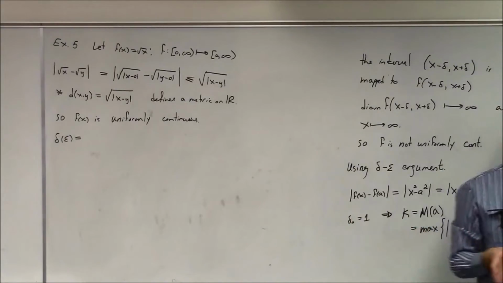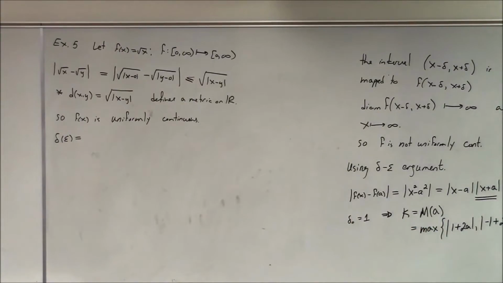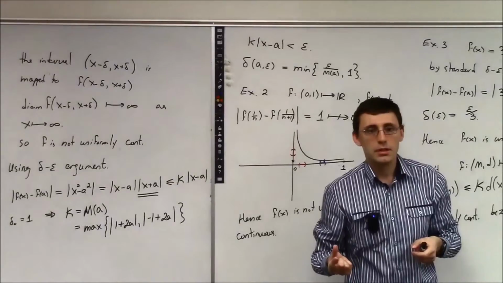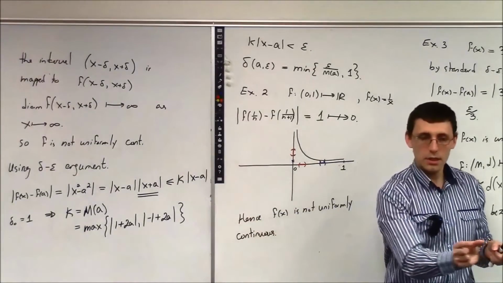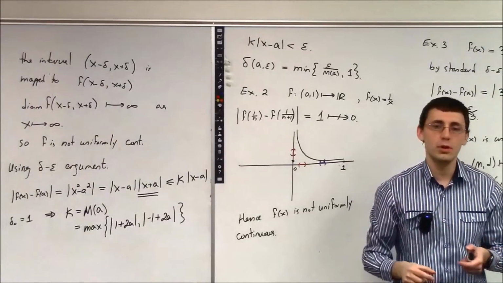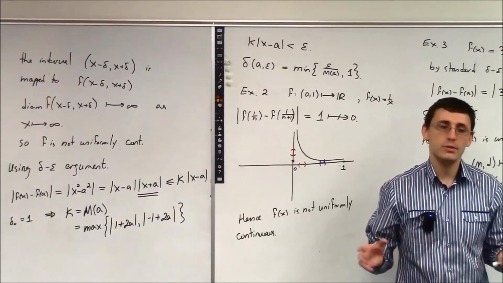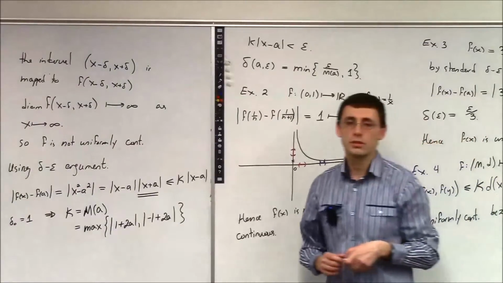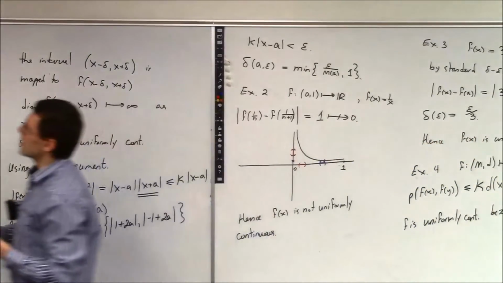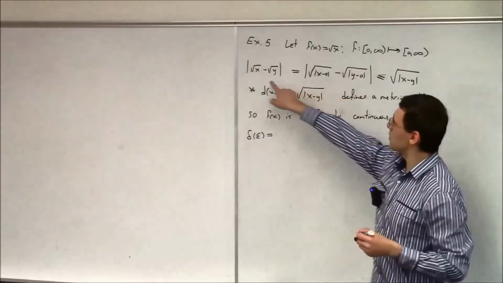So what should I see? I should see that I can make the range interval smaller in radius than epsilon, and no matter how I move this domain interval, the range interval is going to stay smaller than epsilon. That's uniform continuity. If it fails, the function is not uniformly continuous. So this delta of epsilon here, you see why it would not fail.